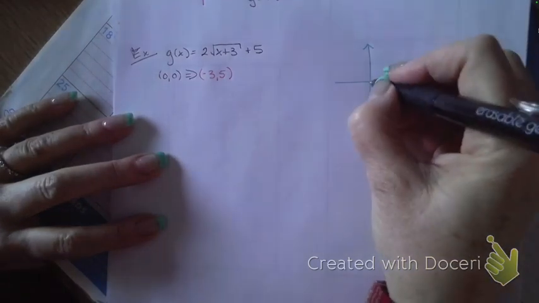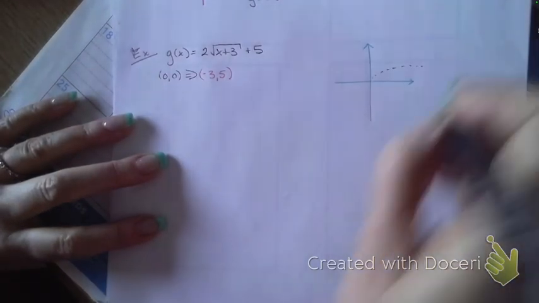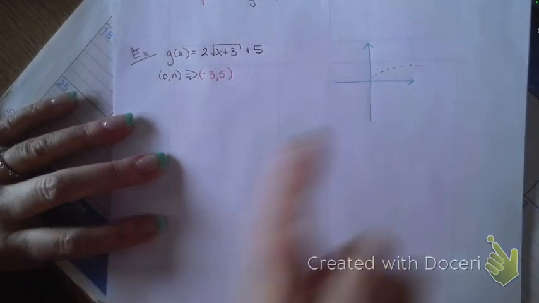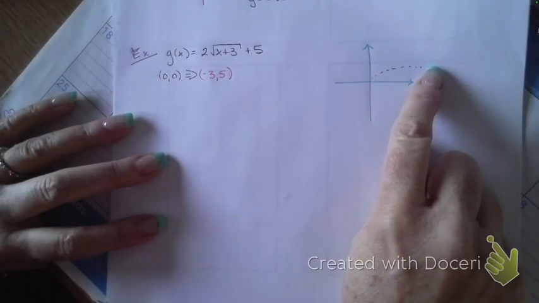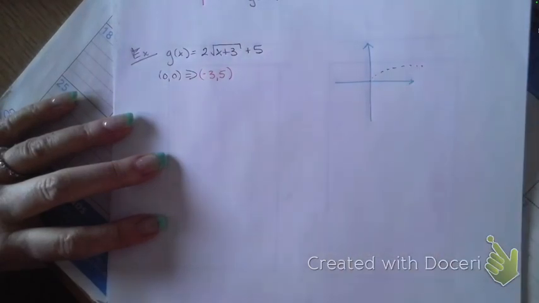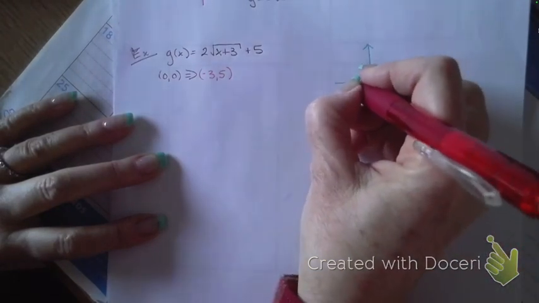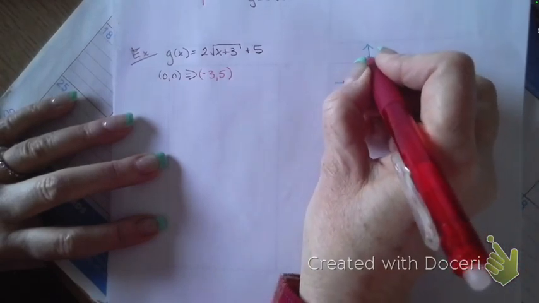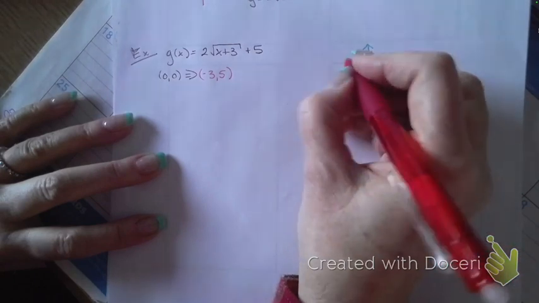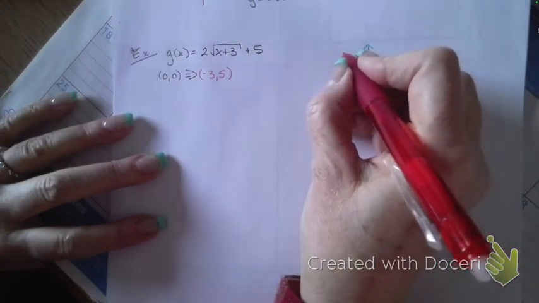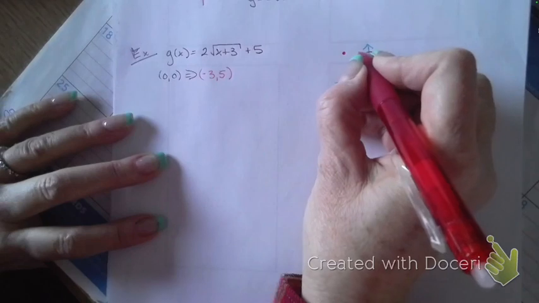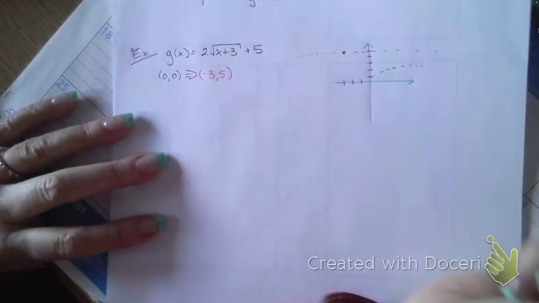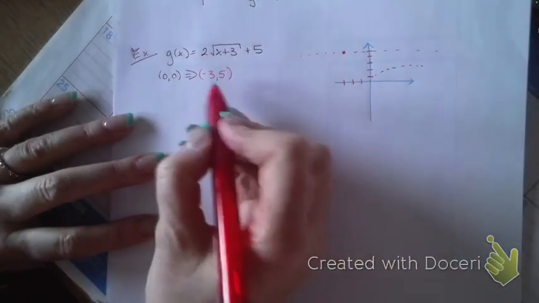So the parent function went like this, yes? So now it's going to go to negative 3 and 5. So it's going to start here. So this up here would be my new axis of the curve. Does that make sense? Negative 3, 5.